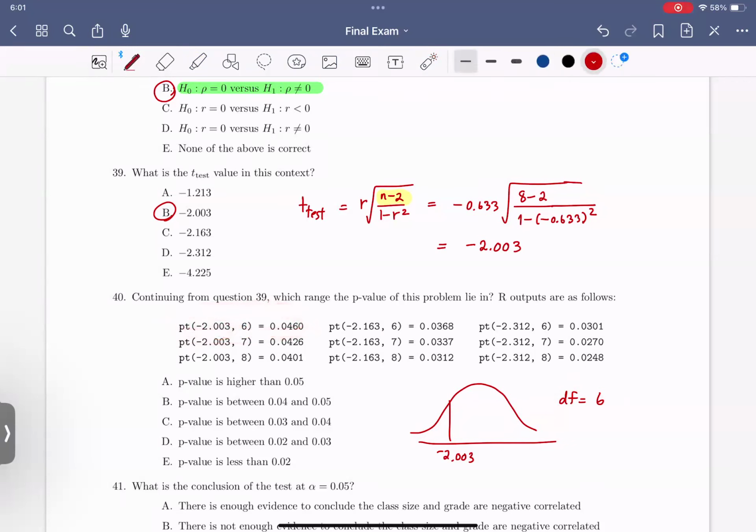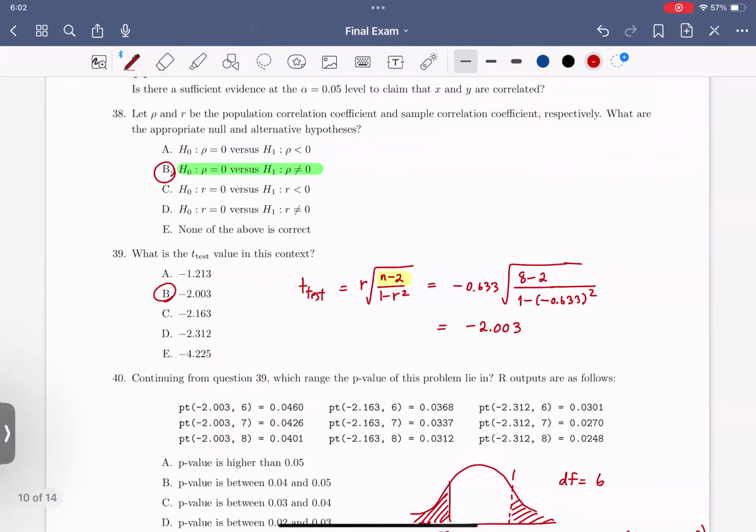However, this one is going to give you the area on the left, right? But you're going to need to multiply by 2, because the p-value here is going to be 2 times the probability that t is less than minus 2.003. Why is that? Because you need to multiply by 2 since the sign is not equal to in the alternative hypothesis.